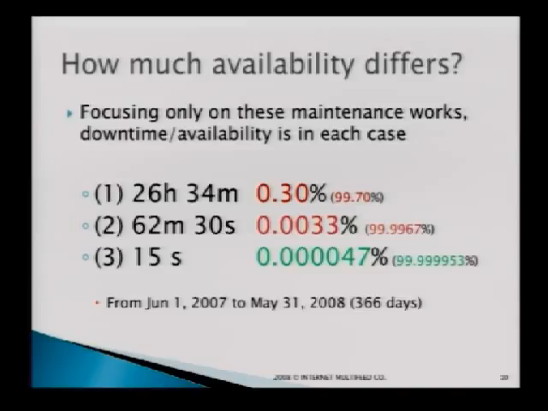Currently, JPNAP uses the redundant network and also optical switches, so the downtime is approximately 15 seconds per year. The downtime ratio is 0.000047, and the availability would be this one. So this data shows that the redundant network and the optical switches are very effective to increase the availability.